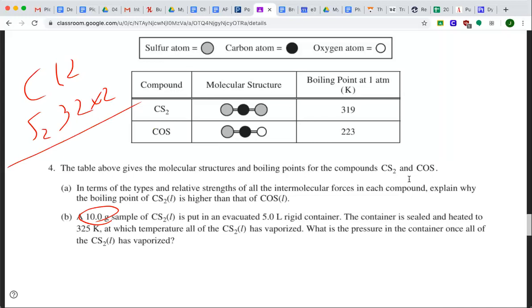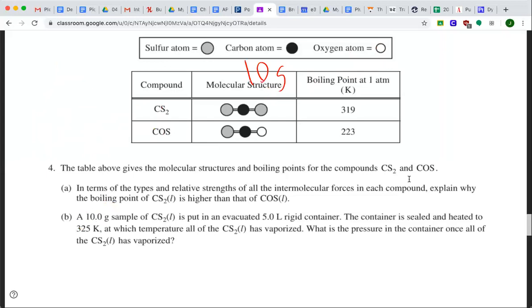So you've got 64 plus 12, which is 76. So you've got 76 grams per mole. And you've got a 10-gram sample. So you've got 10 grams times 1 mole per 76 grams, which is going to be roughly 0.14 moles.